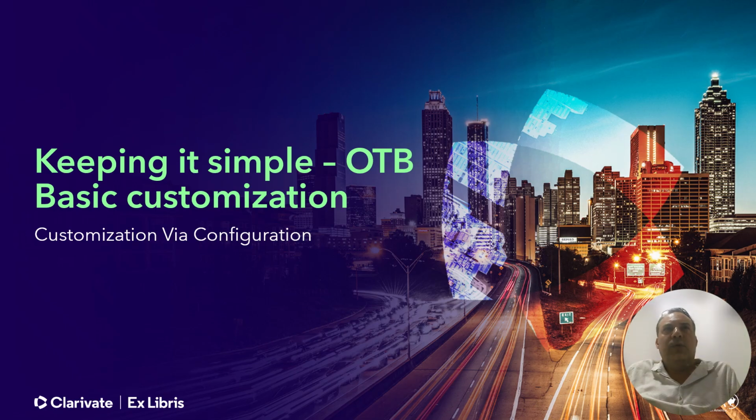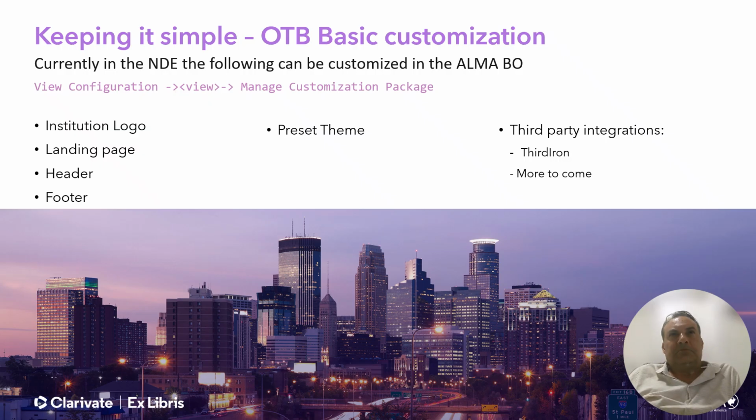Okay, so now that we understand our motivation and how we are trying to achieve it, and before we get into the details, let's review the basic customization that we provide out of the box. In the NDE, several customizations can be simply done in the Alma back office. Logo, landing page, header and footer can be customized by uploading the files into the customization package and deploying them to the server.